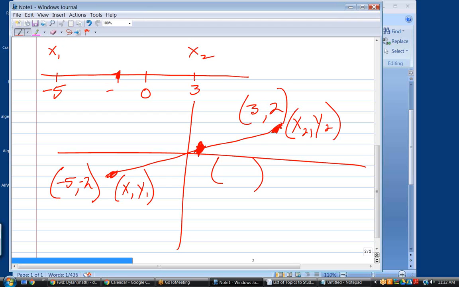Let's check it. Negative 2 is how far away from negative 5? 3 away. So I got to go 3 to get to that, and another 3 to get to that. So is negative 2 correct? Well, it's 3 units away from one number, but it's 5 units away from another number.